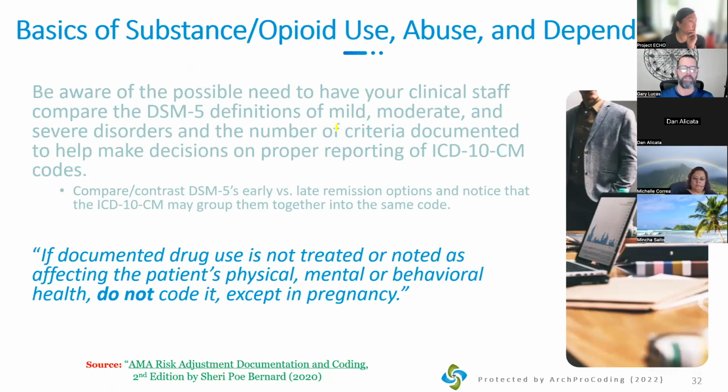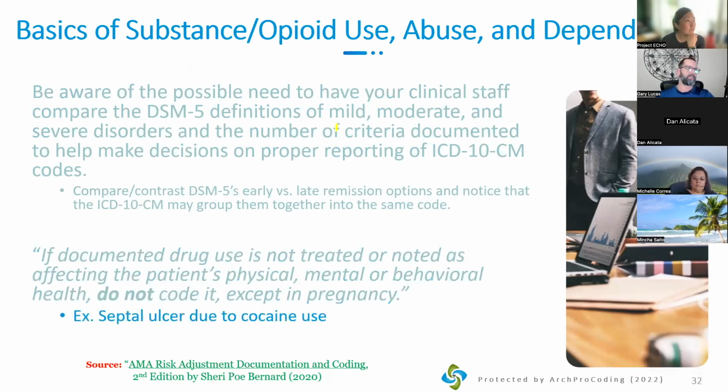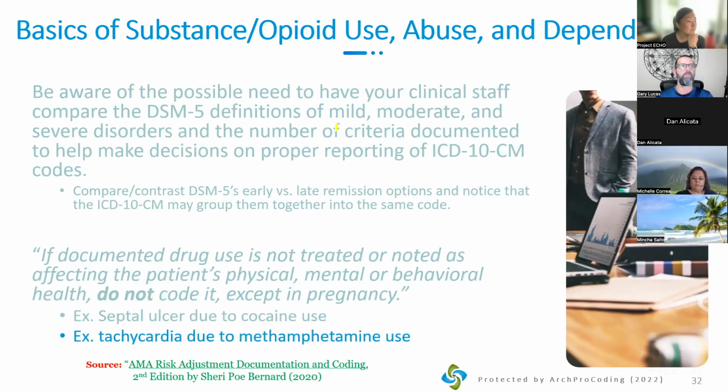Examples across the nation now are where there's recreational cannabis. If it's not treated, if it's not noted as affecting the patient's physical, mental, or behavioral health, you don't code it, except in pregnancy. So of course, if the patient has a septal ulcer due to cocaine use, you would include those other codes, in this case, tachycardia due to methamphetamine use.